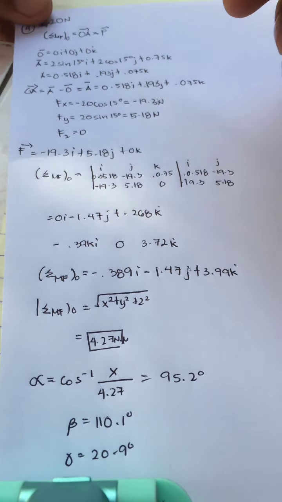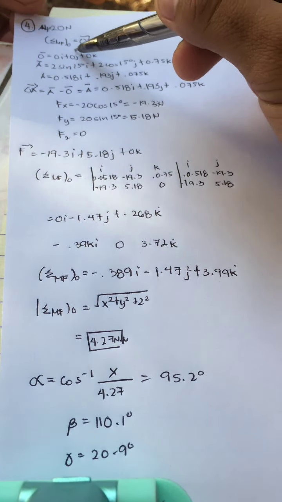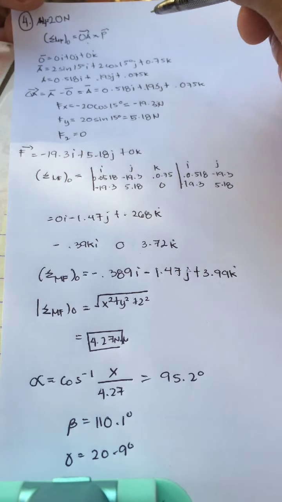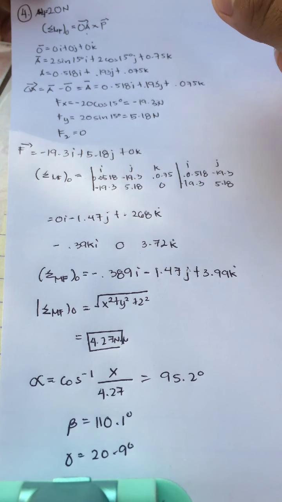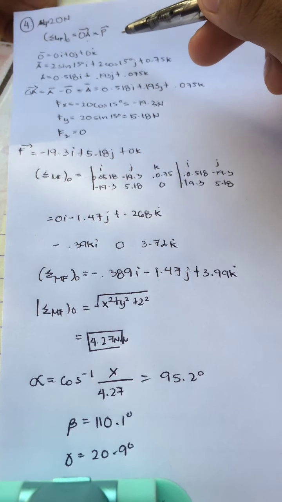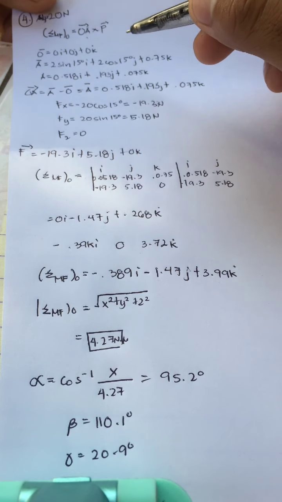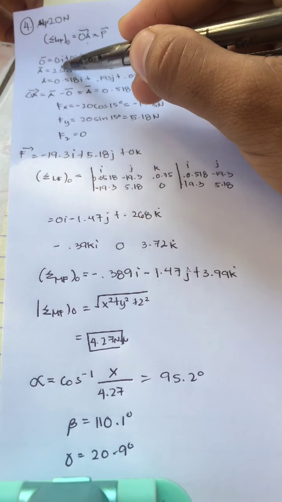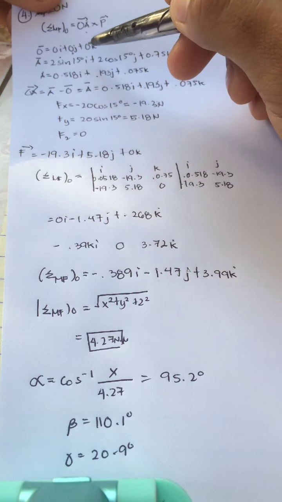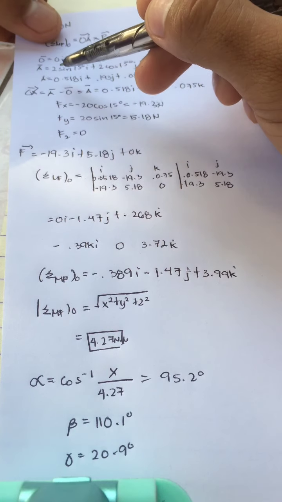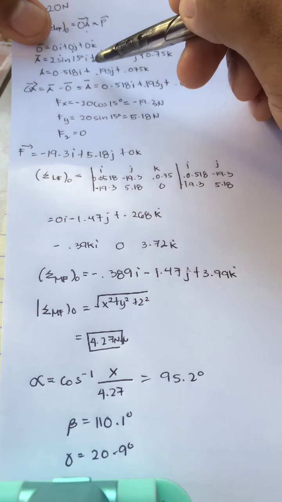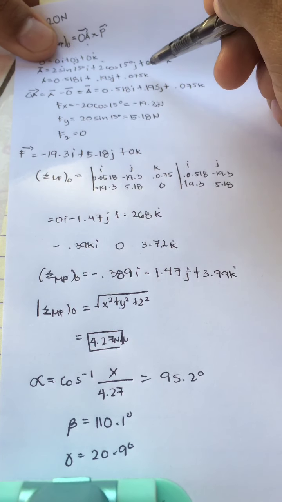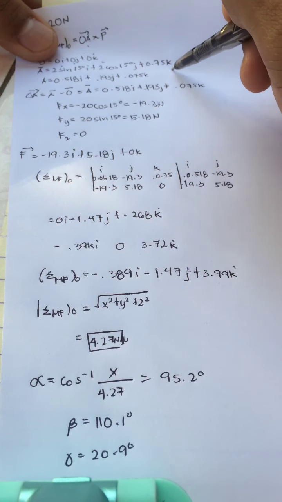So first here, the moment is equal to the OA vector times F. So first we need to find the vectors. First, the O vector is equal to 0i plus 0j plus 0k, and the A vector is equal to 2 sin 15 degrees i plus 2 cos 15 degrees j plus 0.75k.